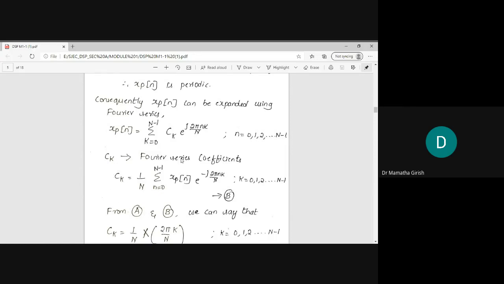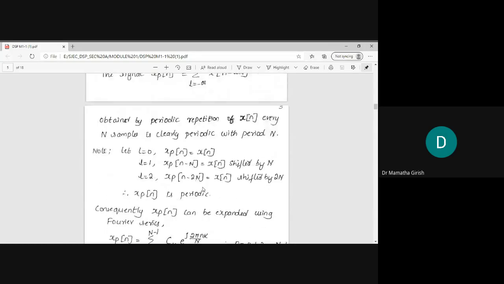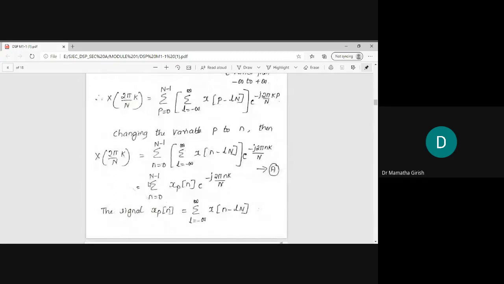If I compare equation B with equation A, X of 2 pi by N times k is equal to what? Summation n varying from 0 to N minus 1, xp of n exponential minus j 2 pi by N times nk.